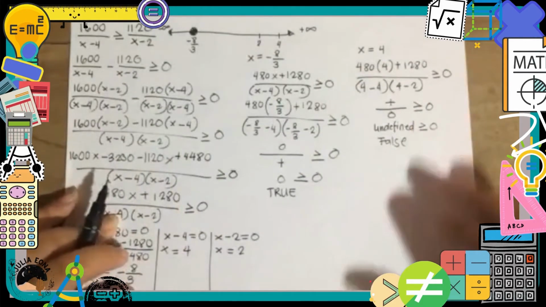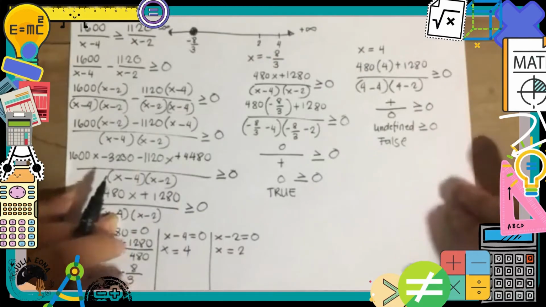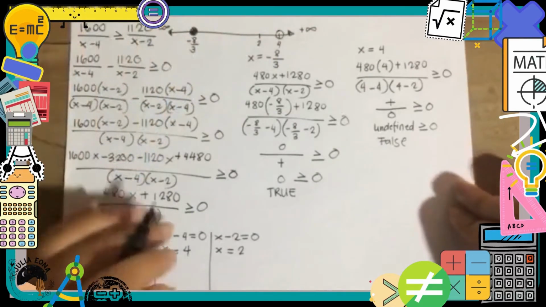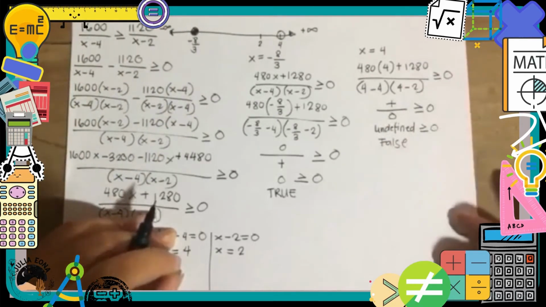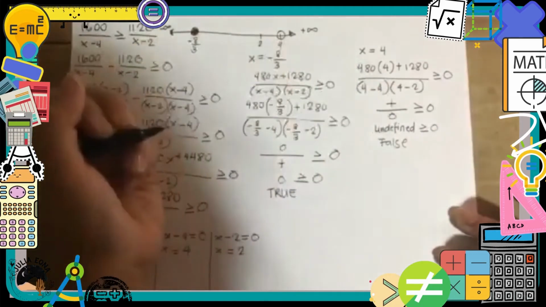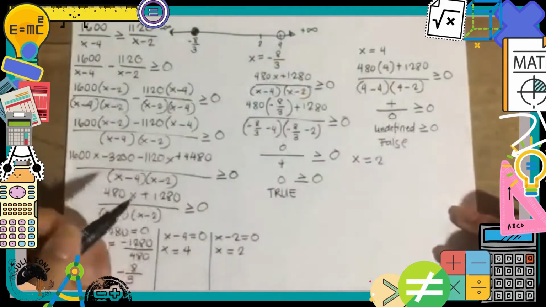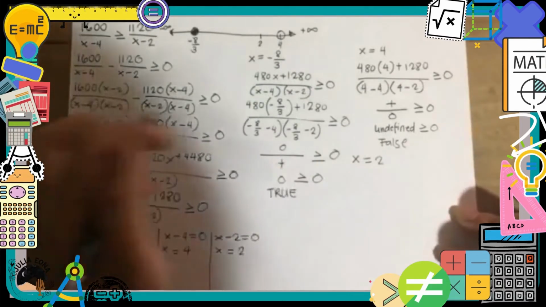Next. So I'm only going to encircle positive 4, but I won't shade it because it is not part of the solution. Next, let's have positive 2. So x is equal to 2. We are going to substitute again.